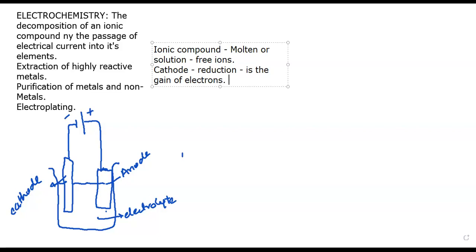Just letting you know, both electrolysis and cells, whether a fuel cell or a normal simple battery, come under the topic of electrochemistry. In the topic of cells, the terms anode and cathode are reversed.